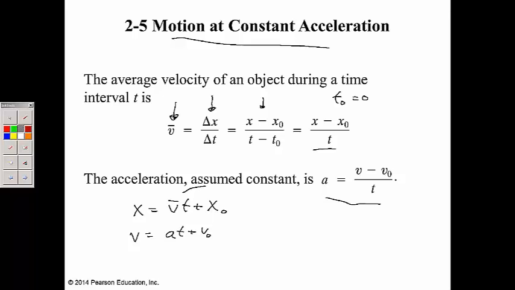Now, if I want to think about my average velocity, then that is actually going to be the final velocity plus the initial velocity divided by 2. That's just the definition of average.